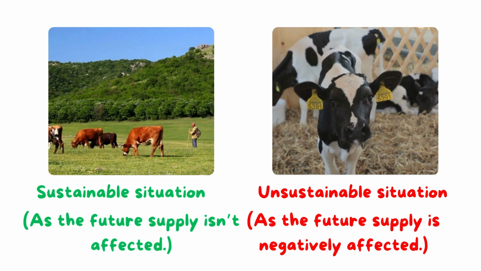But if we place these cows in small areas, what will happen? They will eat all the grass and there is no future supply. So the future supply is negatively affected, as in the future the cows will be hungry and there is no grass because the grass grows very slowly.